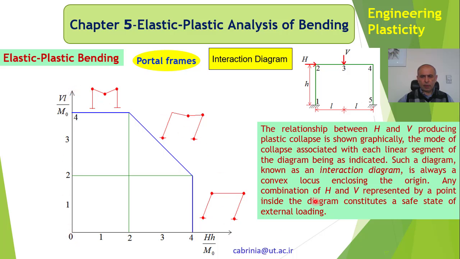Any combination of H and V represented by a point inside the diagram constitutes a safe state of external loading. For design purposes, therefore, for this kind of structure, if we consider a point here, there, or there, we are in the safe zone. But if we go out of this boundary, then collapse occurs.